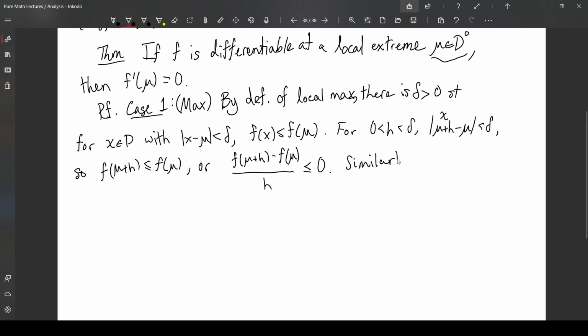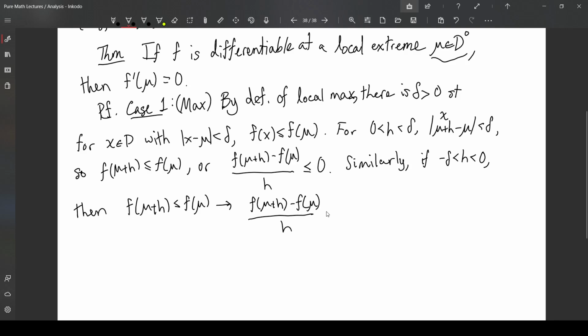Similarly, if we instead choose h to be negative, then f of mu plus h less than or equal to f of mu will imply that f of mu plus h minus f of mu over h is greater than or equal to 0, right?